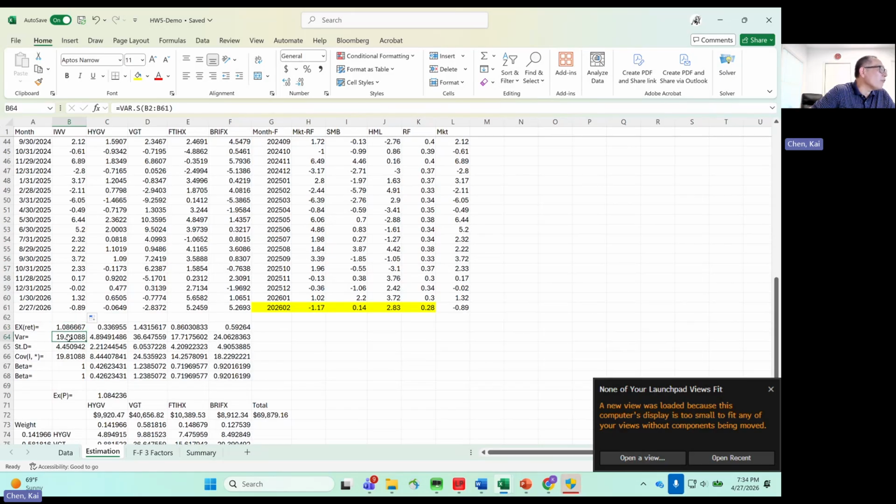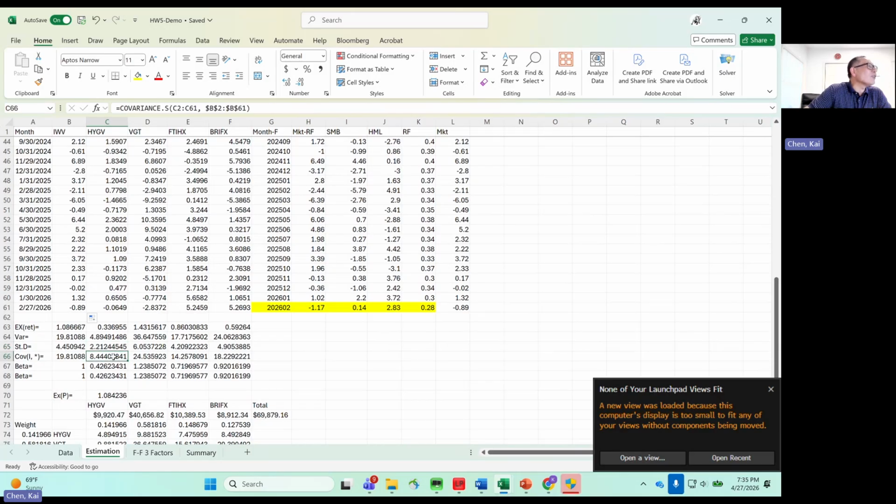Then this is the variance of the French three-factor market, this is the standard deviation, this is the covariance, and beta is 1. For the 4 assets in our portfolio, expected return, variance, and standard deviation would not change.